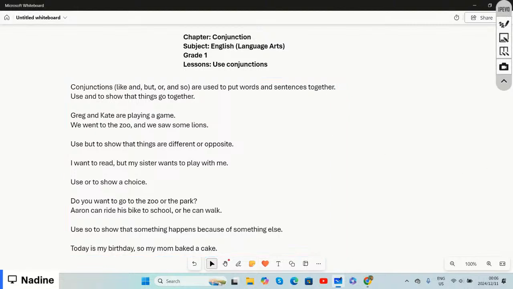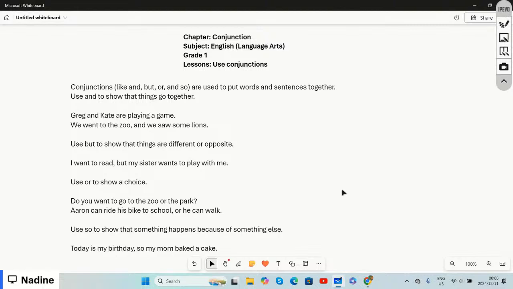All right, so when it comes to conjunctions, we can say that conjunctions are words that put words and sentences together.